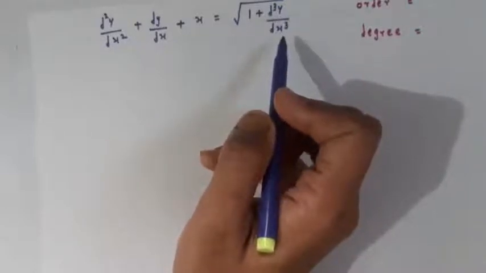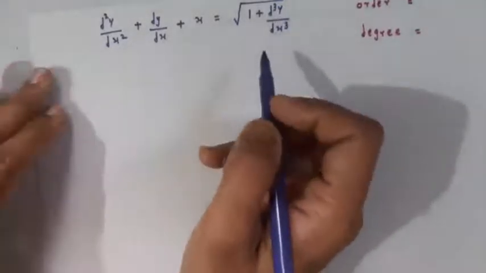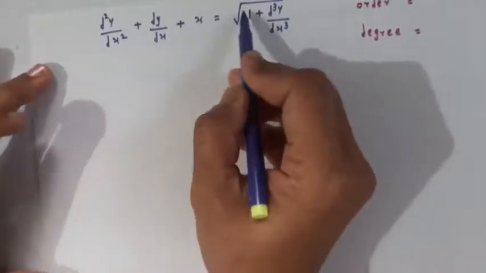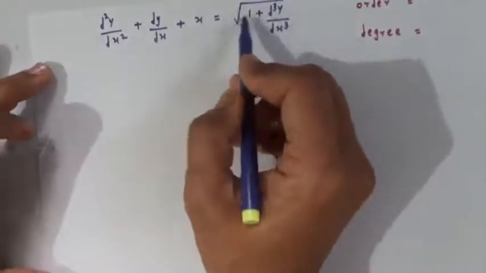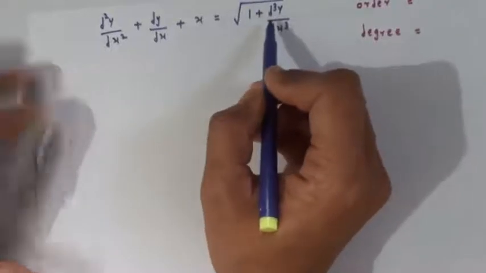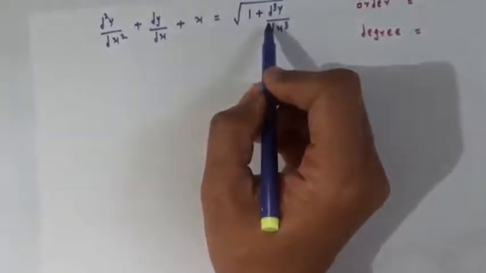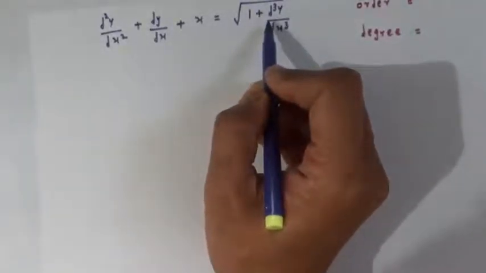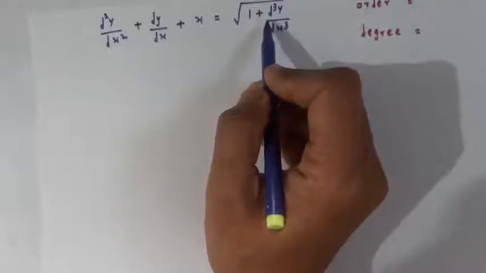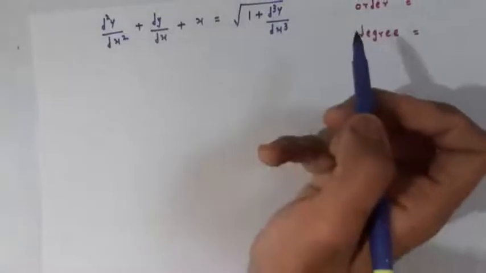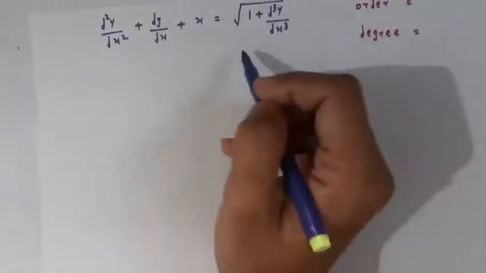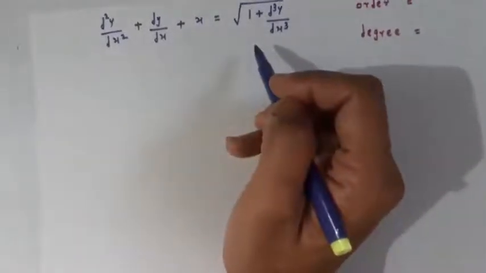Okay, so here the RHS is in the form of a square root, and therefore to find out its order and degree, first simplify the function.